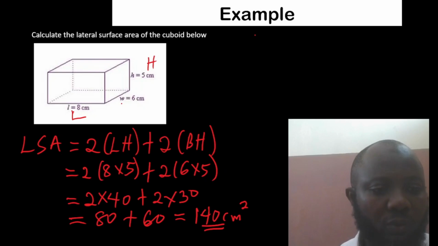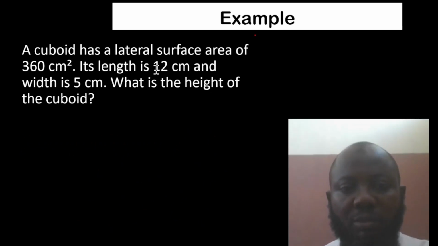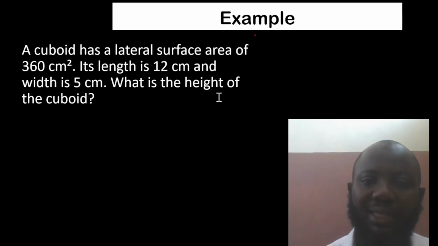The next one, we're now going to look at another example. A cuboid has a lateral surface area of 360 centimeters squared. Its length is 12 centimeters and width is 5 centimeters. What is the height of the cuboid? So we go to the formula again to solve this.